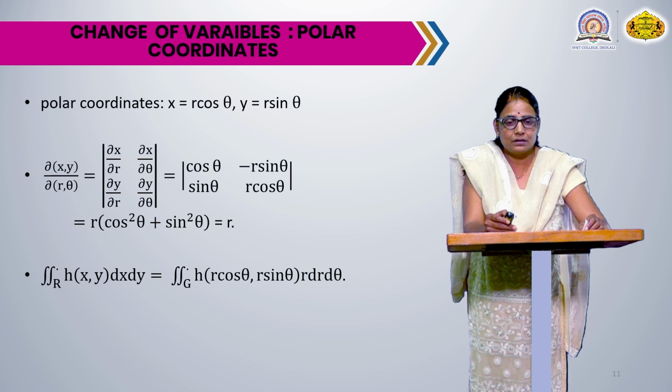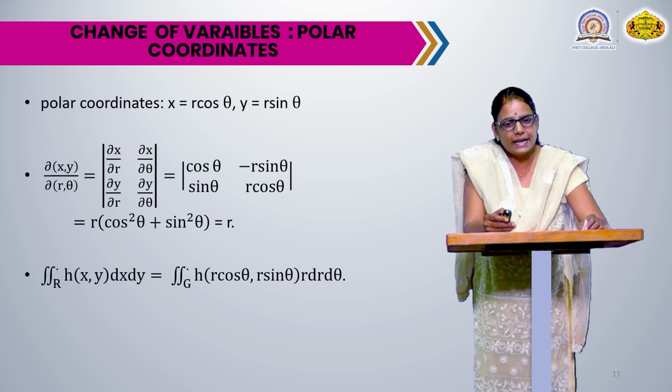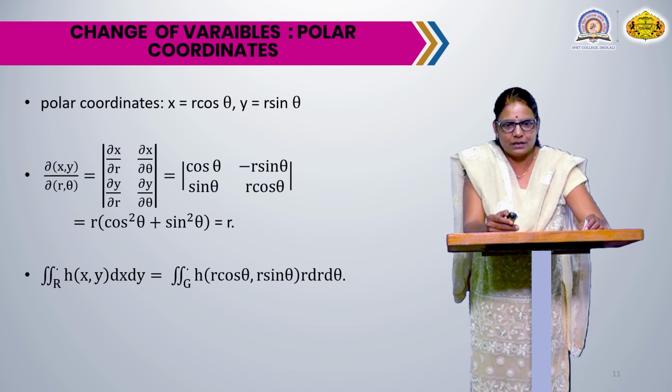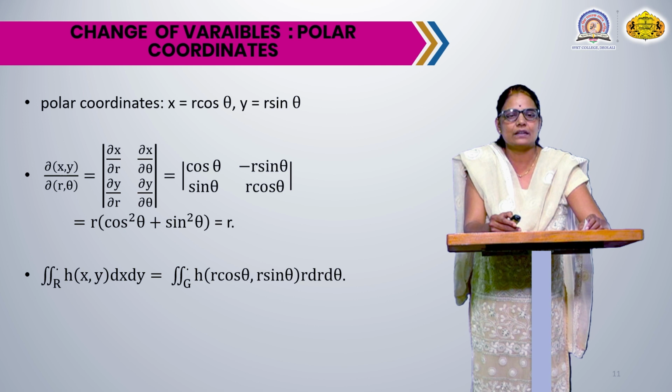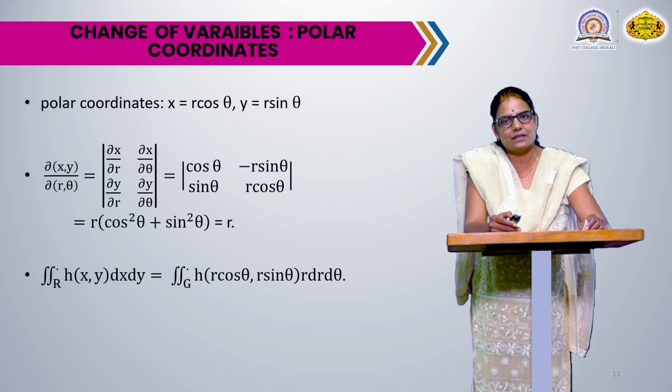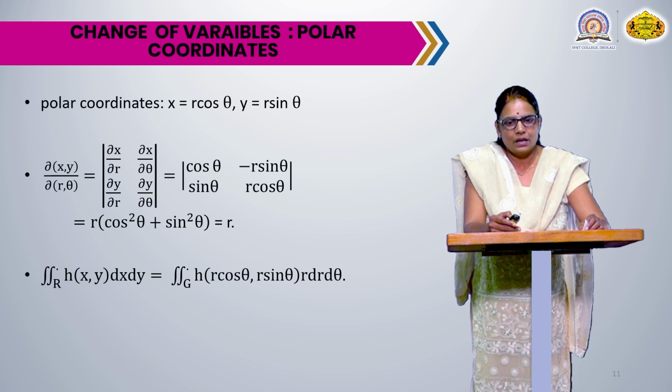So the relation between the integral of h over R and the integral of h of r cos theta, r sin theta over G is given by this equation. Double integration of h of x y dx dy over R is the same as the double integration of h of r cos theta, r sin theta, times the absolute value of the determinant, partial x y upon partial r theta, which is r.